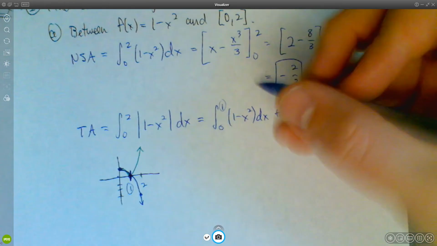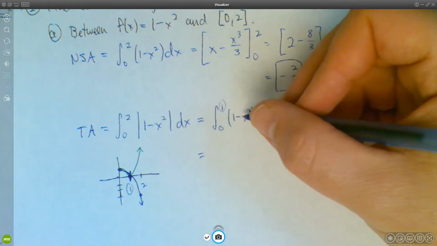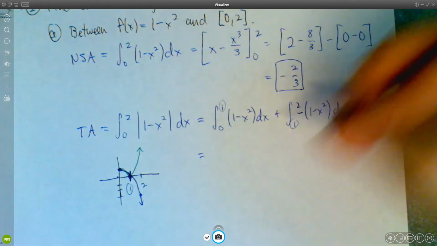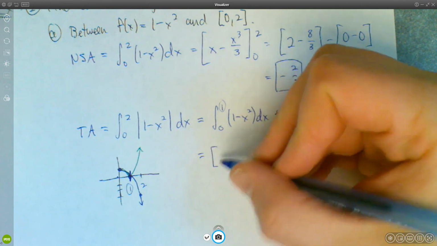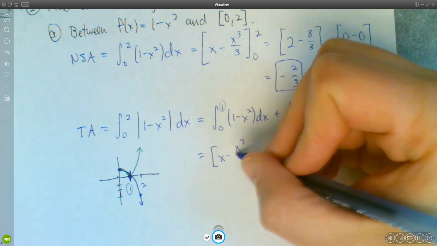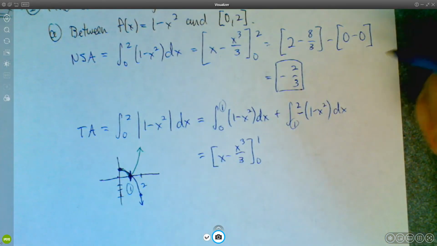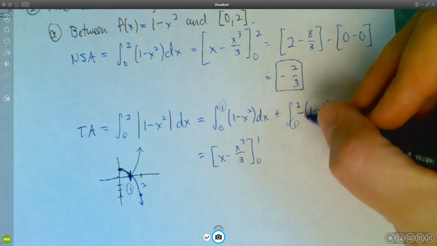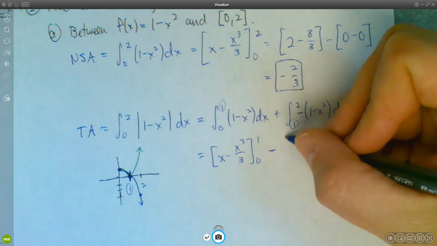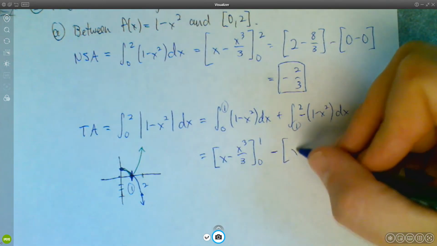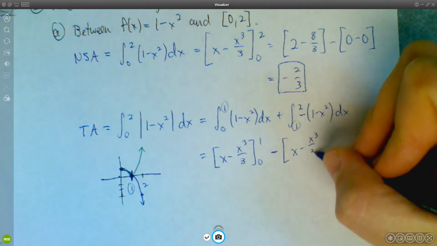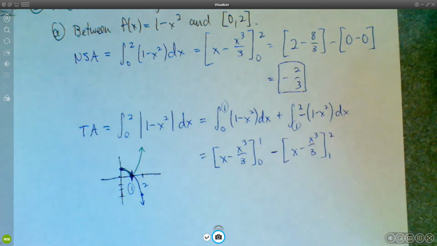So, let's finish this. I already found the antiderivative. This is x minus x cubed over 3 from 0 to 1. I'm going to take the negative sign out and say minus x minus x cubed over 3 from 1 to 2.